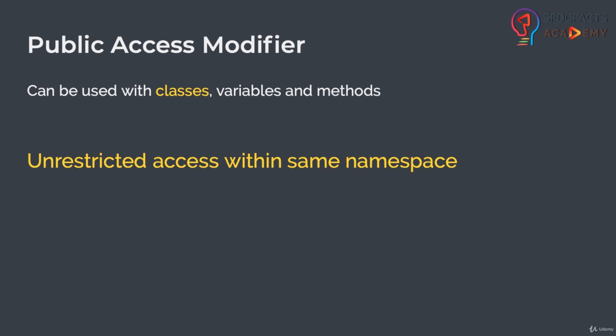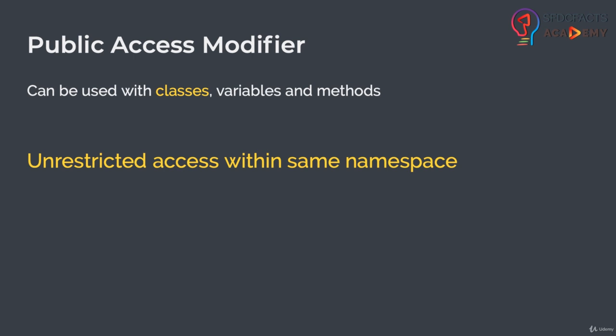But if you install an outer package with a different namespace, like the way you install different applications on your iPhone or Android device, you can also install these applications in your Salesforce org. And these applications, if they have a different namespace, cannot access your classes or the methods or variables with public access modifier.